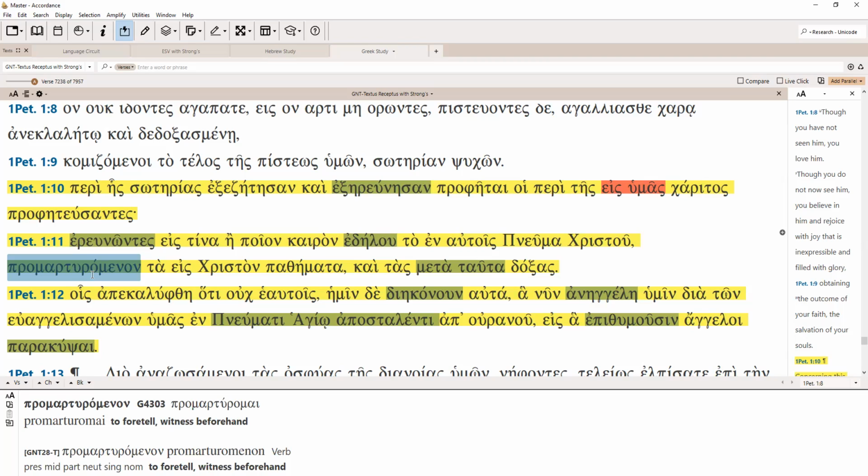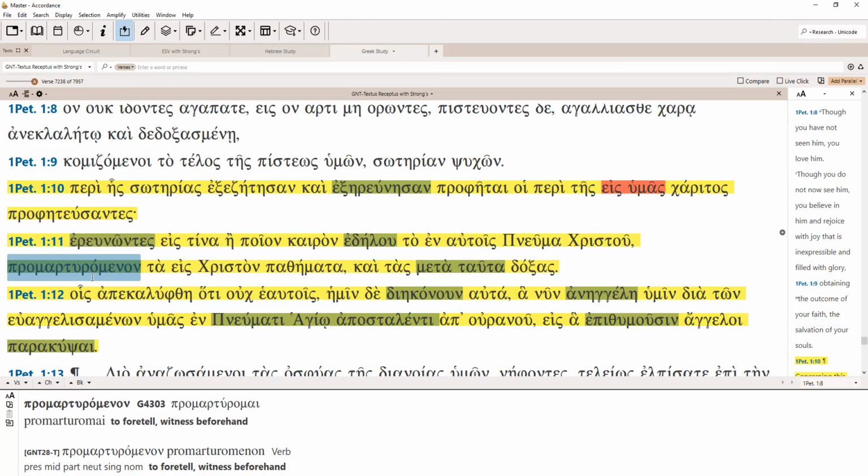Promarturomenon. So promarturomenon comes from promarturomai, which is to foretell and witness beforehand. And this is a middle participle. We can see below it is a present middle participle in the neuter or masculine, but here it is in the neuter because pneuma is in the neuter.